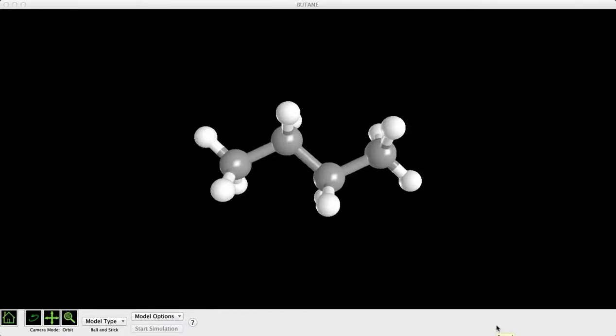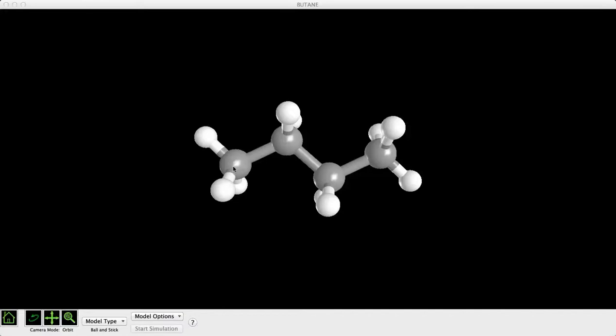So this week we were dealing with conformations of simple organic molecules, and I would like to take a few moments to simply review what we learned in class. So on the screen you see that I have a molecule of N-butane, and we want to look down the C2-C3 bond axis.